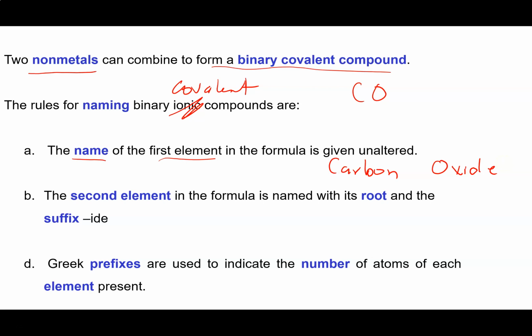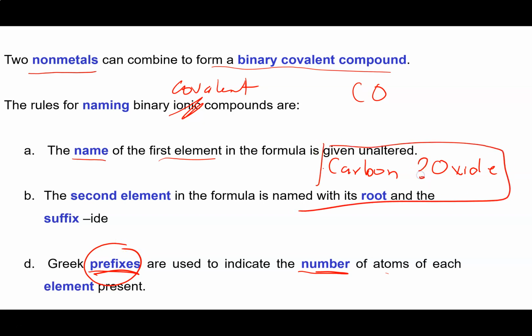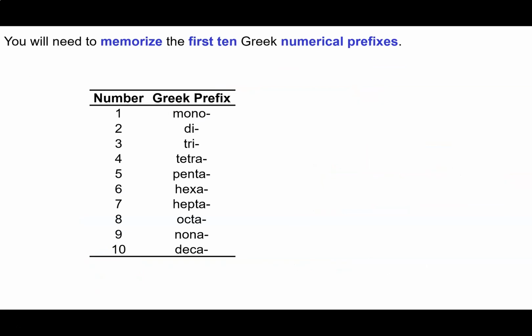And then what we're going to do is add what are referred to as Greek prefixes to indicate the number of atoms of each element present. So in order to finish off the name, we need to know what prefix goes in front of each of these atom names. To be able to do that, you're going to need to memorize the Greek prefixes.